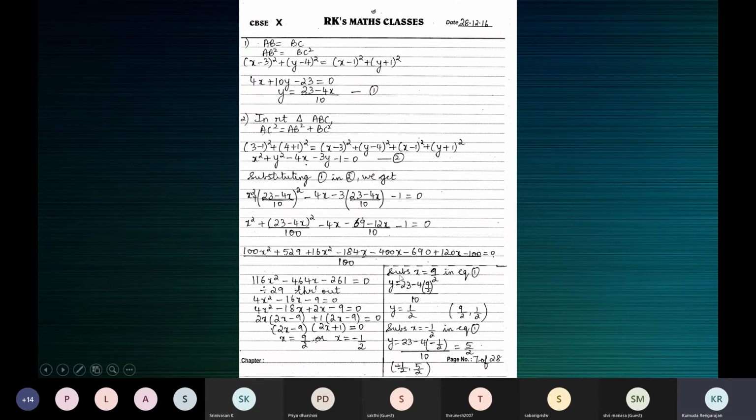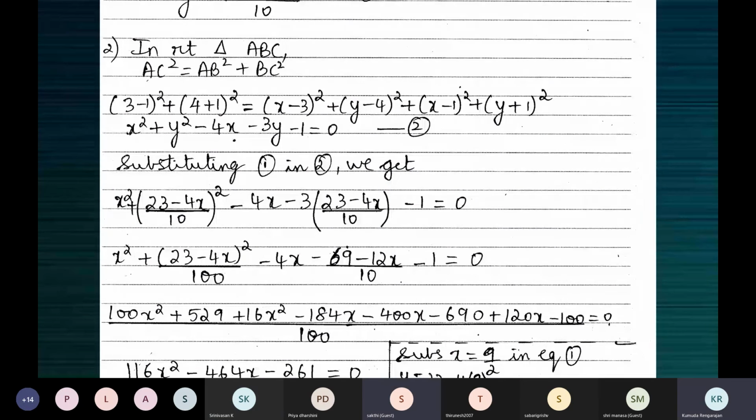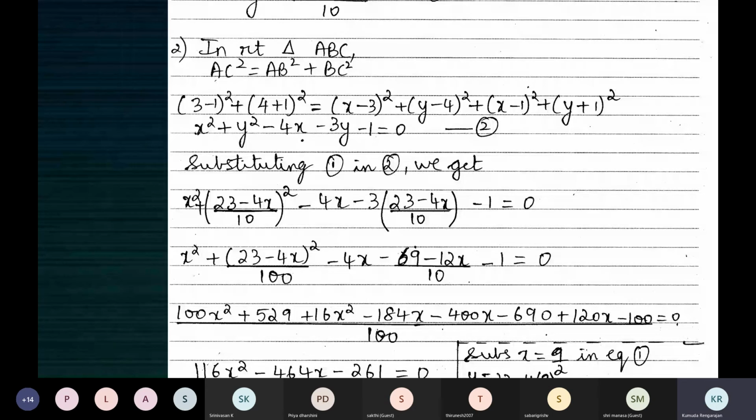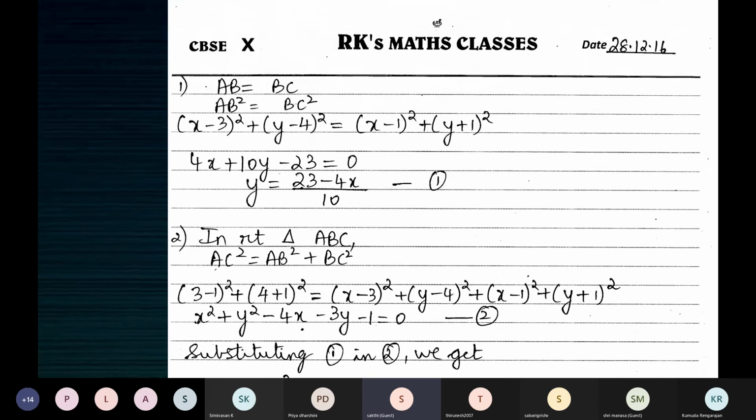If you could work and get the equation 2. Ma'am, one doubt. Yes, ma'am. I got the second equation, ma'am. For the AB is equal to BC, I got some different answer. You got a different answer?